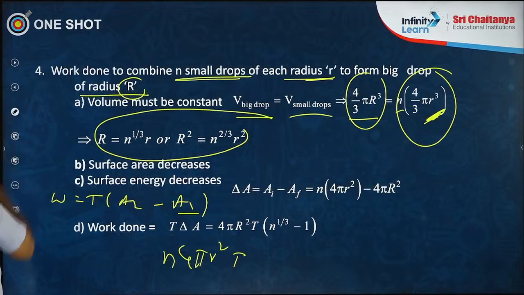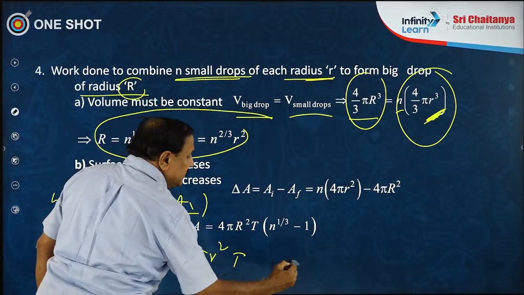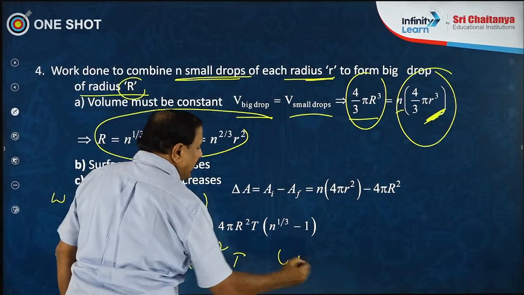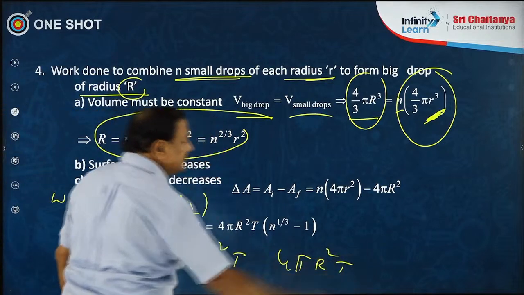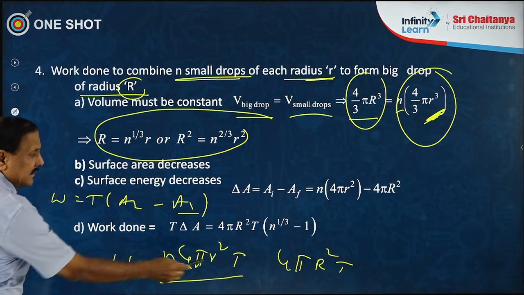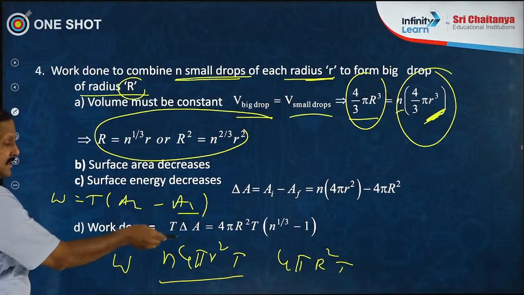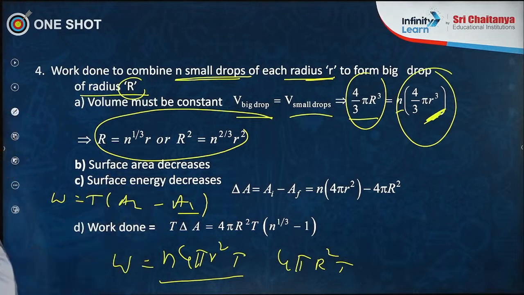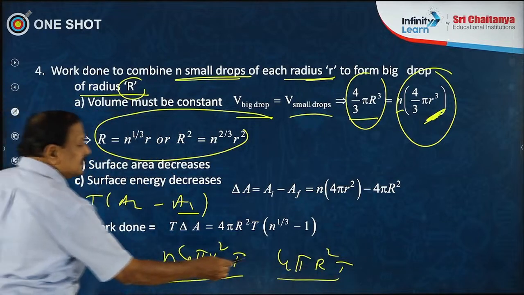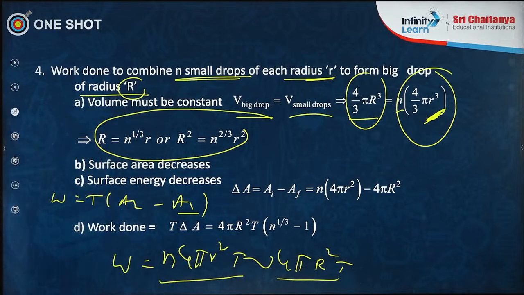Therefore the final area is 4 pi capital R square T. So this is the final work done and this is the initial. That difference is the work done in combining the n droplets.